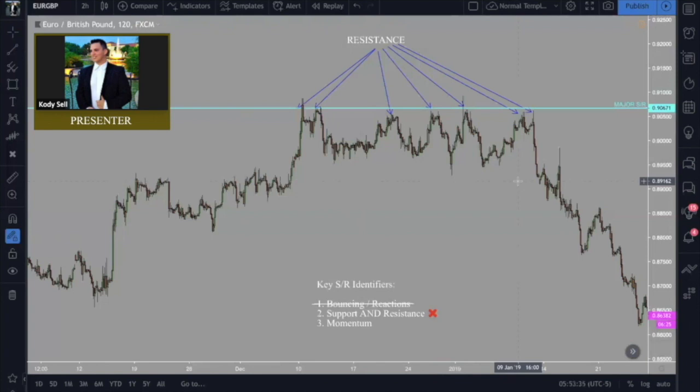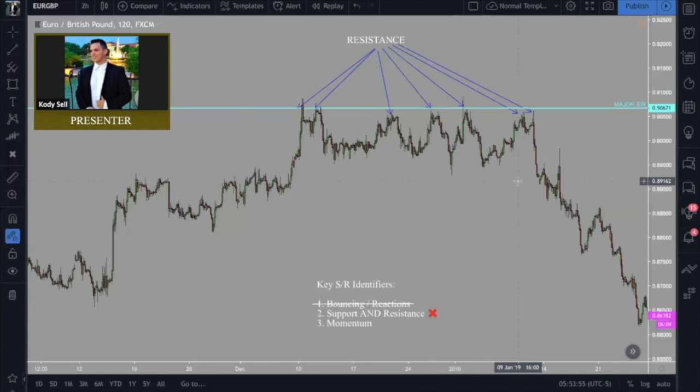What about number 3? Again, because we don't see price actually break through this at any point, we can't actually verify that it takes a lot of momentum to break through this level. We can assume so because it's been holding price so well, but again, we can't actually verify it.